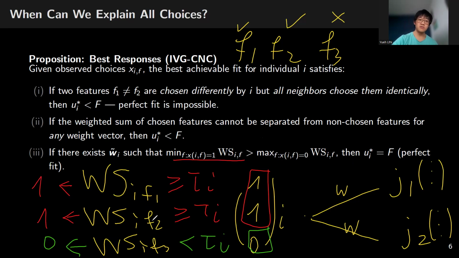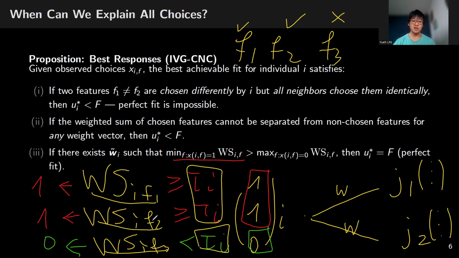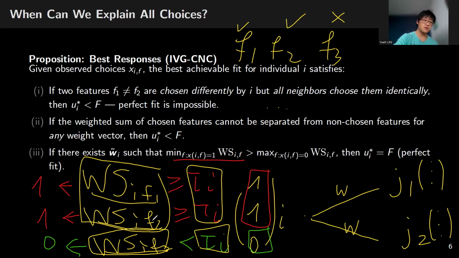How can it happen? So this weighted sum should be greater than a threshold, and this weighted sum should be smaller than the threshold. How can it happen? Well, if the minimum of this is greater than the maximum of the second group, we agree that if this happens, all the maximums of the weighted sums, let me do it this way.